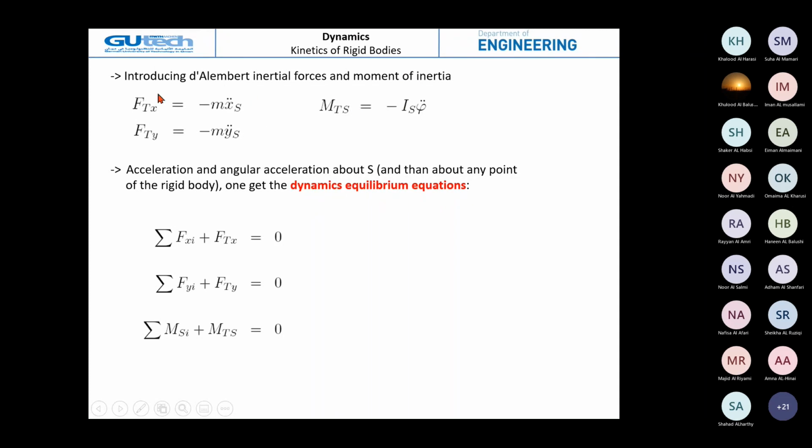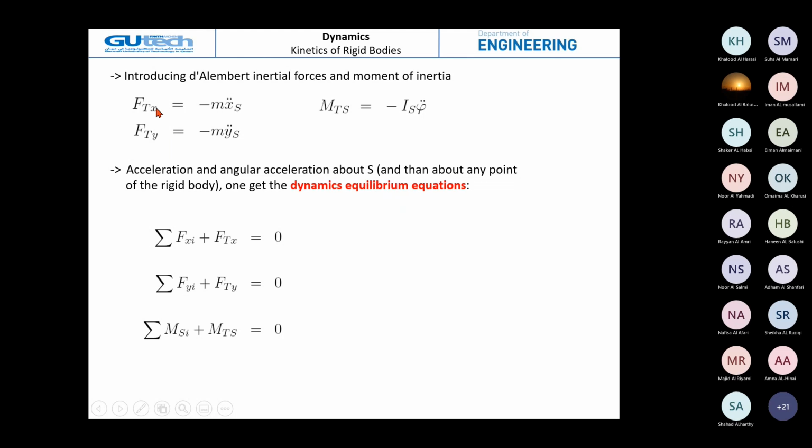Then we have F_Tx, which is the inertial force along the x direction, the inertial force along y, and the inertial moment about the center of mass. And this is the moment about the z axis.